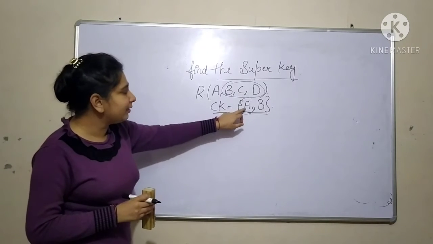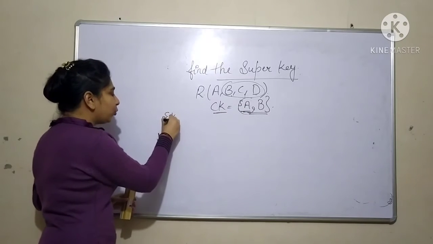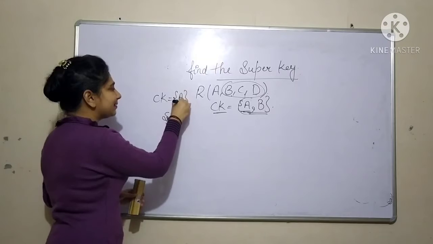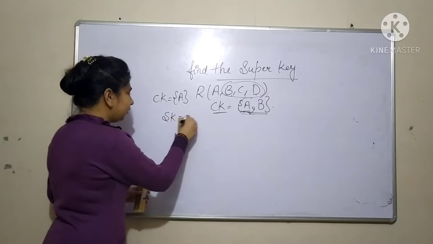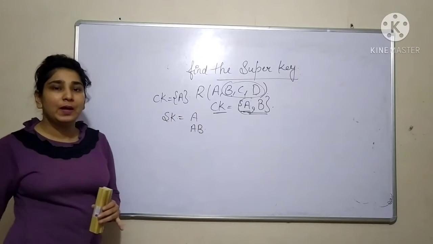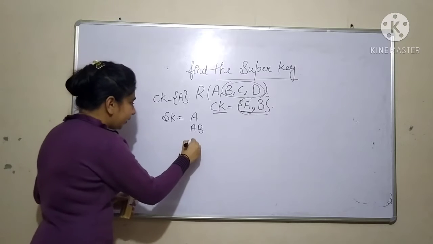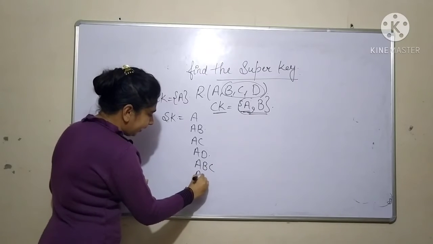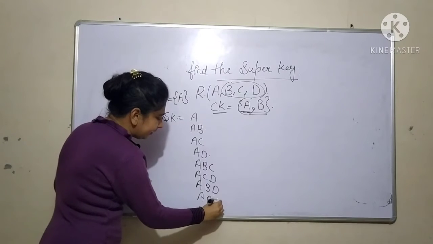Firstly, I am taking attribute A. I am finding the super keys by considering A as a candidate key first. So what would be the super keys? A, AB. In each and every super key, attribute A is definitely included. So A, AC, AD, ABC, ACD, ABD, and ABCD.